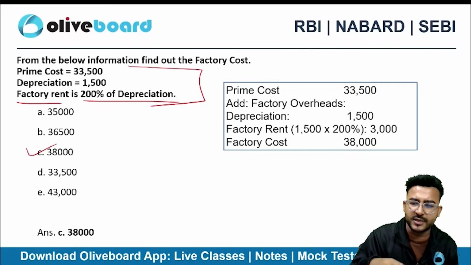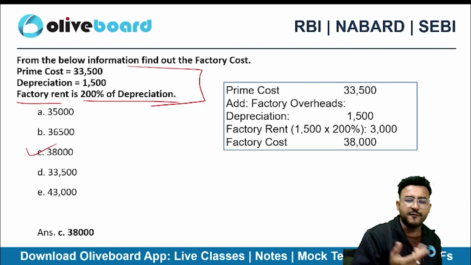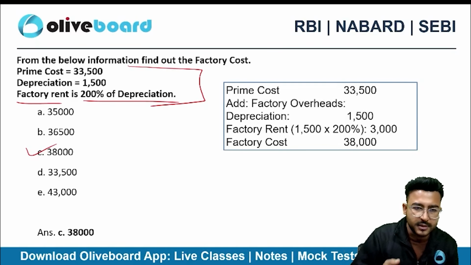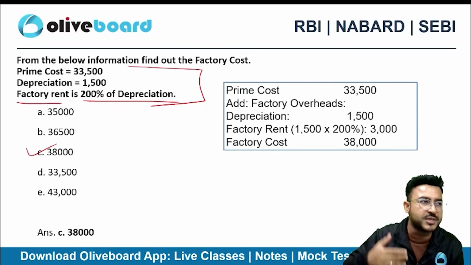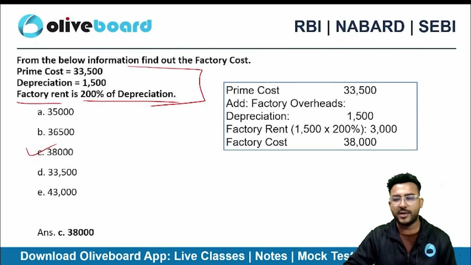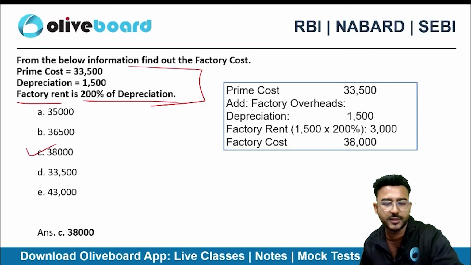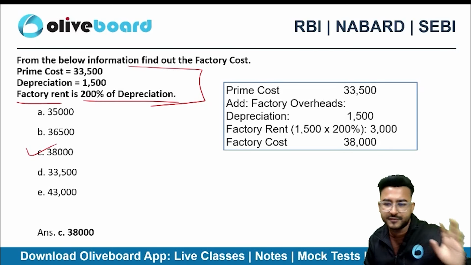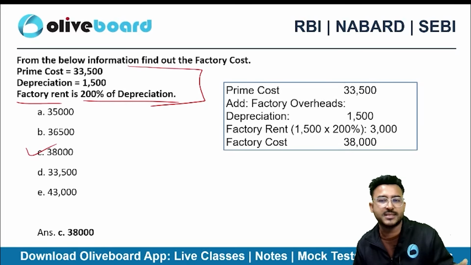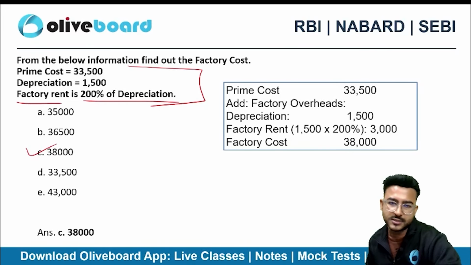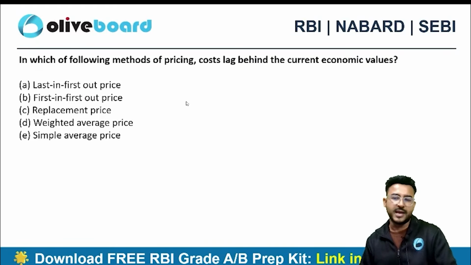So much pressure is there, and it's totally fine if you miss one question. But this is one of the kinds of questions which come in the regulatory examination more often. That's why you need to have a very strong grip on these kinds of concepts, particularly related to unit costing, because I have seen in the past 3 years, regularly in all the examinations, they are asking numericals from unit costing, and it's a very simple chapter, right?